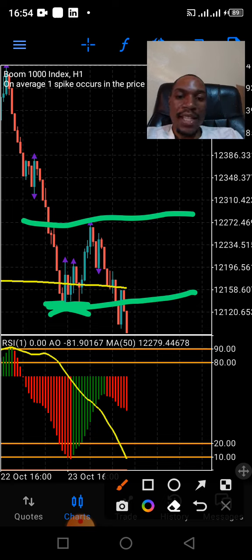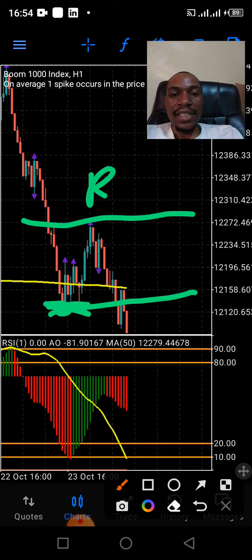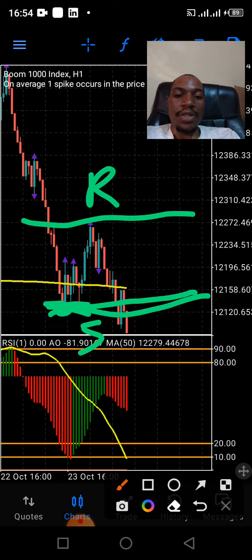When the price came, it had to hit the support. Then there was a bounce here. Now, this is the resistance and this is the support. So you were looking at this level as your support.